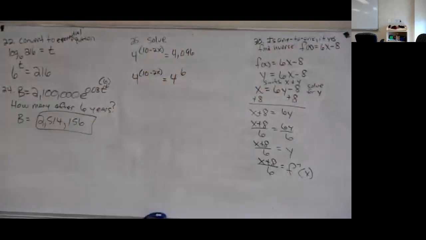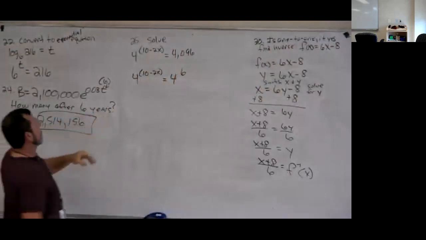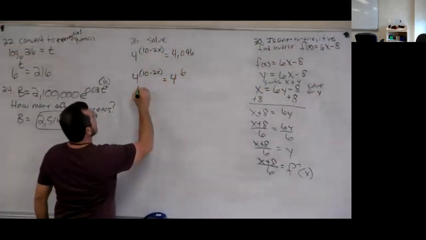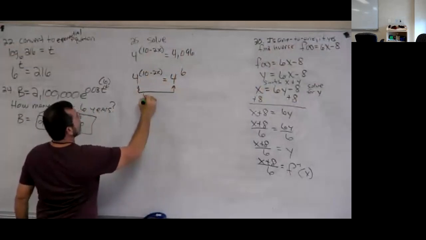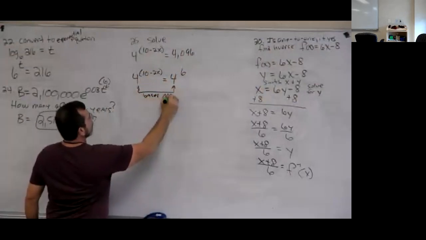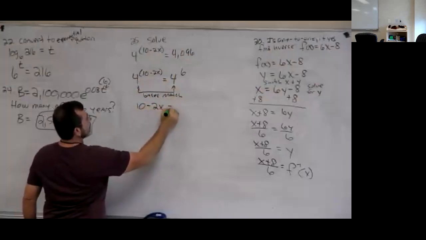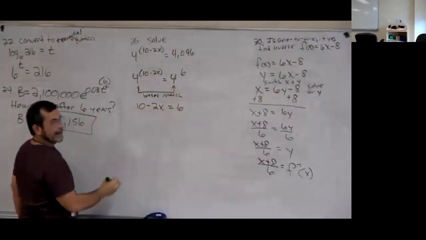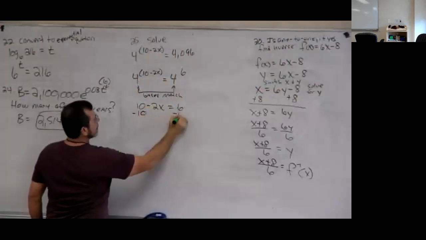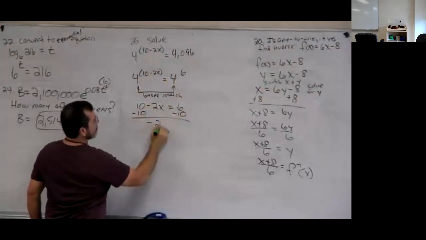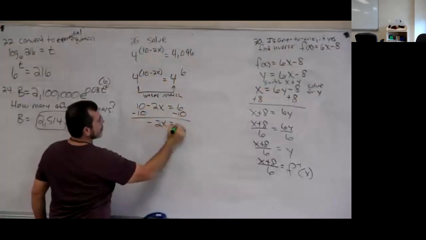Anytime you can convert them to the same base, they're easier. And y'all remember, your 25 will convert over. So since the bases match, that means that 10 minus 2x equals 6. Subtract 10 from both sides. Negative 2x equals negative 4.